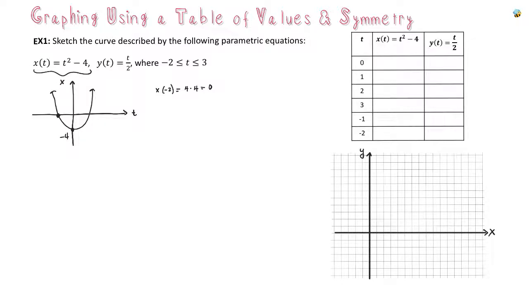And then t is going to go from -2 all the way to 3. So when t is equal to 0, we are here at -4. When t is equal to 3, we are going to have 9 minus 4, which is going to give me 5. So that's going to be, let's say, somewhere there.